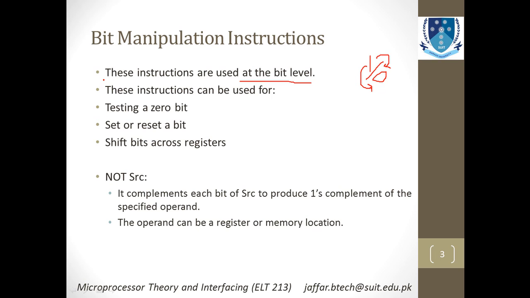These instructions can be used for testing a 0 bit, to check whether there is some output or some input coming or not. You make a bit 0, and if it goes to 1 again, that is basically the testing purpose.